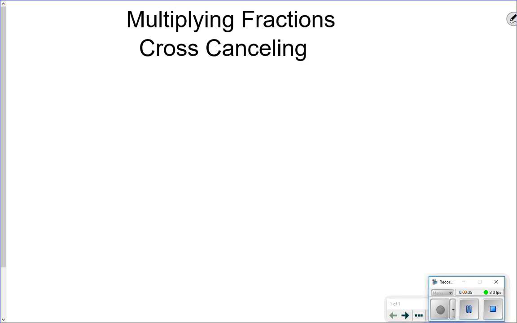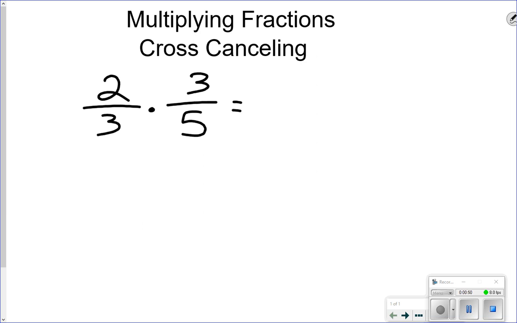So here's an example. Let's take 2/3 times 3/5. Very simply, I'm going to do the straight across method first just to show you how this would work if you did it the old way. The old way says multiply 2 times 3. That's your numerator. Multiply 3 times 5. That's your denominator.